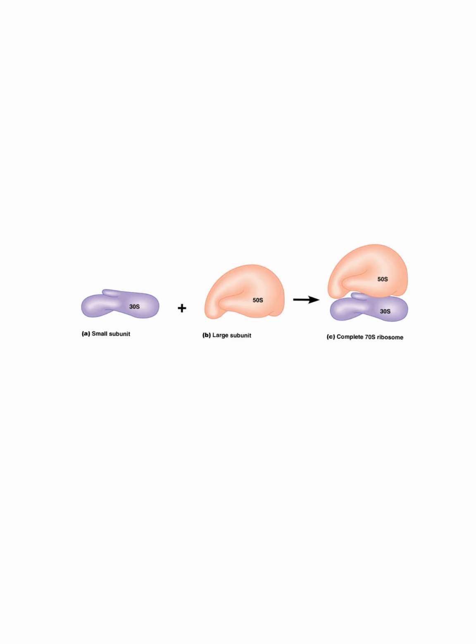So ribosomes are the functional units that actually read the messenger RNA to get essentially the recipe for all of the proteins in the cell. So I want you to think of the messenger RNA as a recipe book.